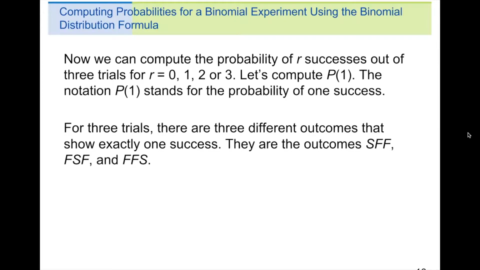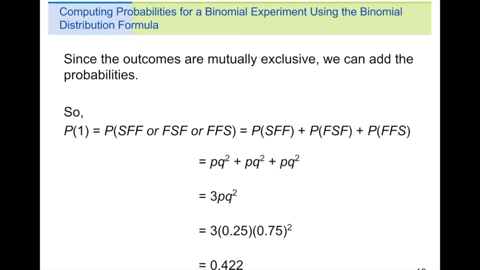Now we can compute the probability of r successes out of 3 trials for r equals 0, 1, 2, or 3. Let's compute P of 1. The notation P of 1 stands for the probability of 1 success. For 3 trials, there are 3 different outcomes that show exactly 1 success. They are the outcomes SFF, FSF, and FFS. Since the outcomes are mutually exclusive, we can add the probabilities.